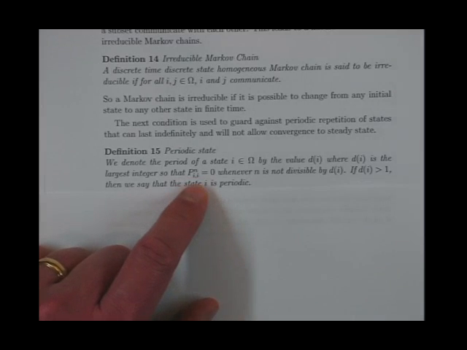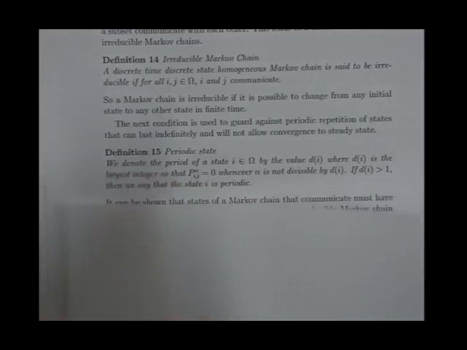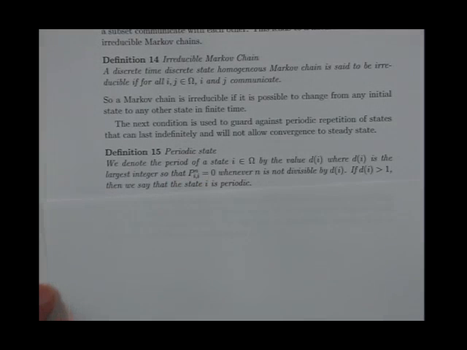There is no n that's not divisible by 1. So the condition always holds for any state if d equals 1. Now, if d is larger than 1, then it actually means something. It means that when n is not divisible by d, then you can't be in that state. It's a little bit of a confusing definition, but if you stare at it long enough, it makes sense. So this is the concept of a periodic state, okay?